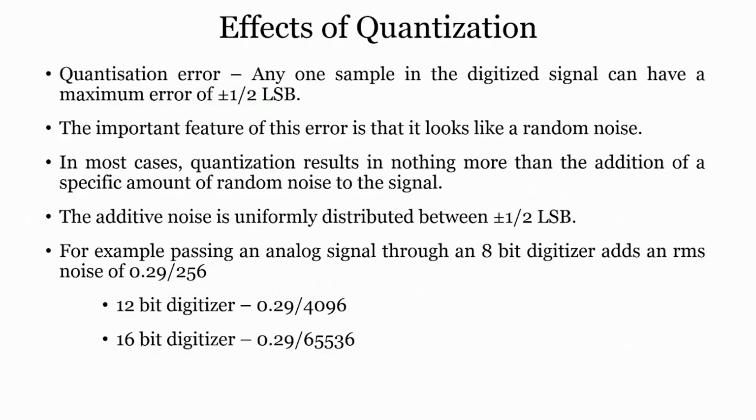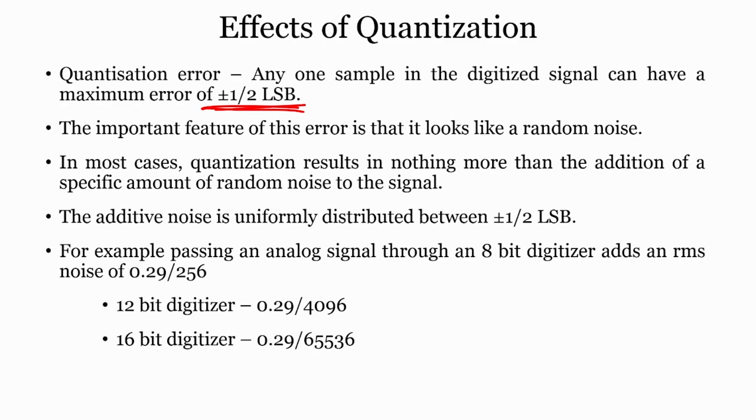Now, the effect of quantization. Any one sample in the digitized signal can have a maximum error. That is another thing you have to remember when you design your ADC: the quantization error can have a maximum value of plus or minus half of the least significant bit.